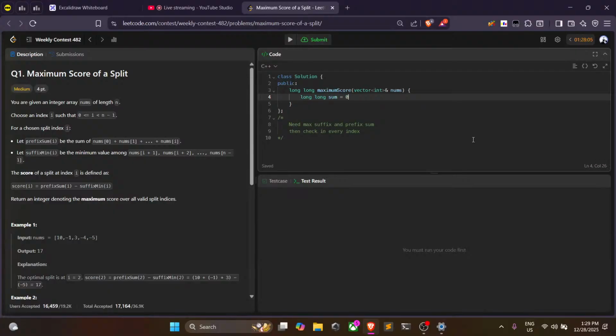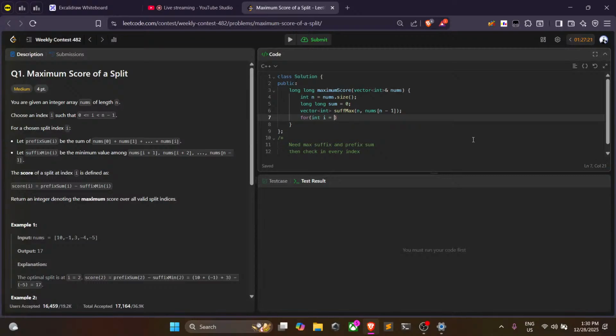So I'll take this sum for the prefix sum, and for the suffix, let me just create one vector of int, suffix min. It should be of size n, and for now let's just take the last element of nums.